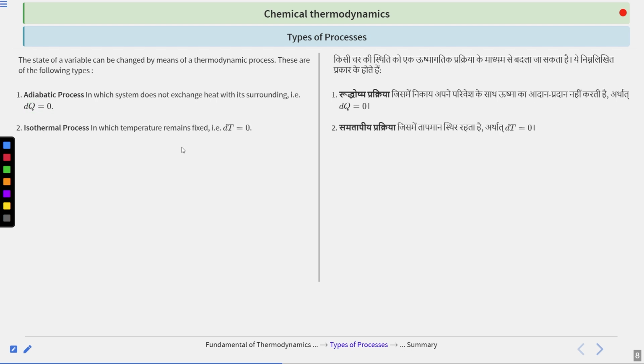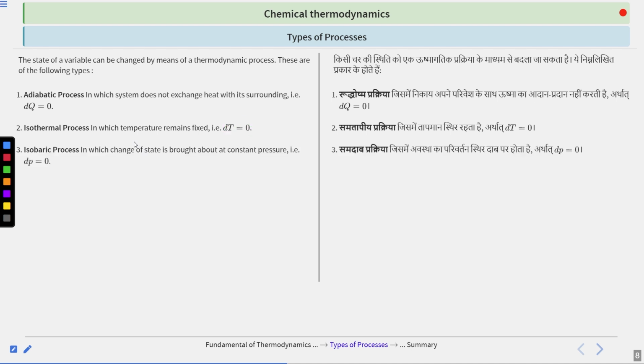Then we have isothermal. In case of isothermal, we see the change of temperature is what? 0. In case of adiabatic, we see the exact value, meaning no amount of heat should be transferred. But in case of isothermal, it is not possible to keep exact temperature, so what we say is that your temperature change should be 0. Clear?